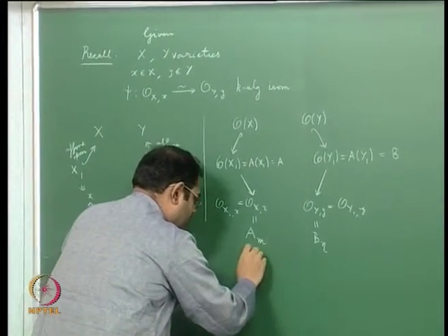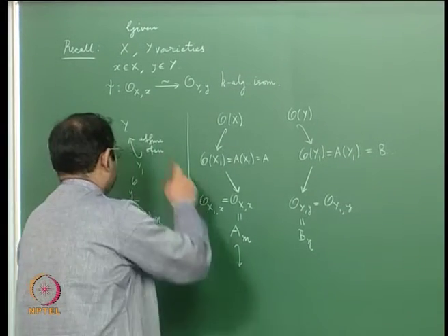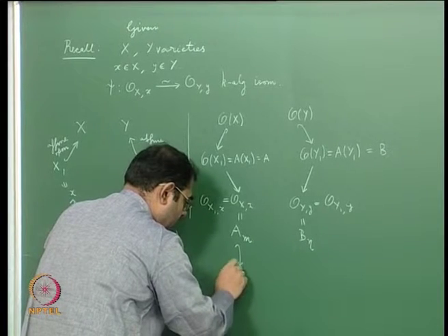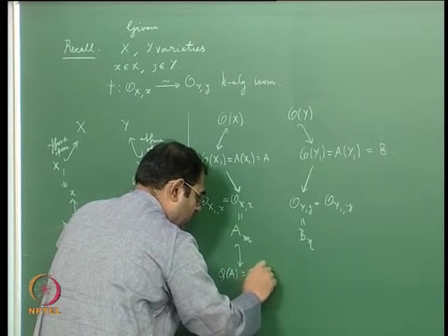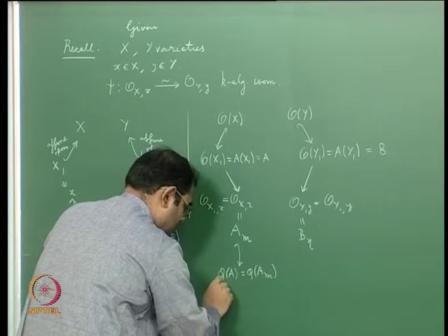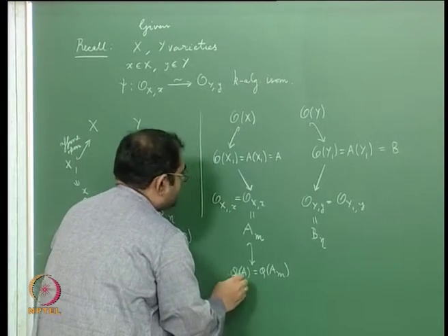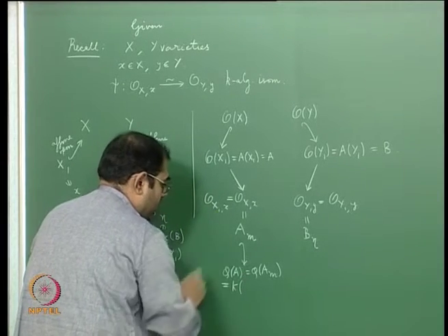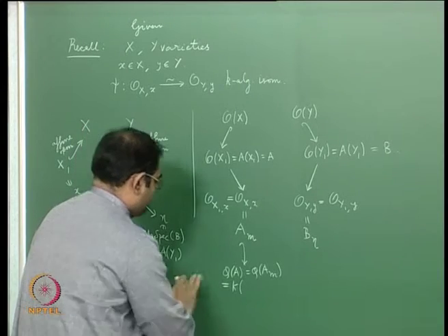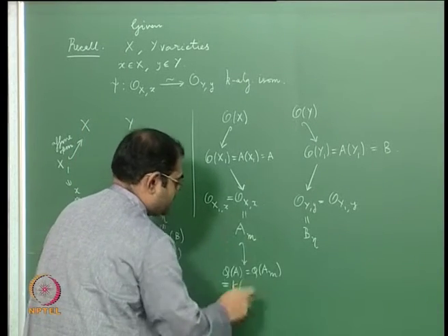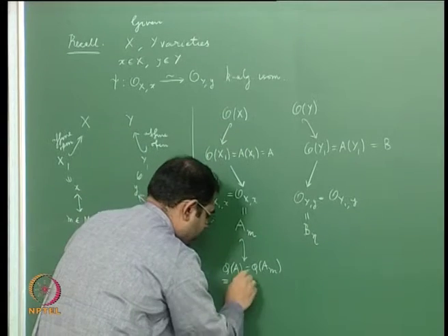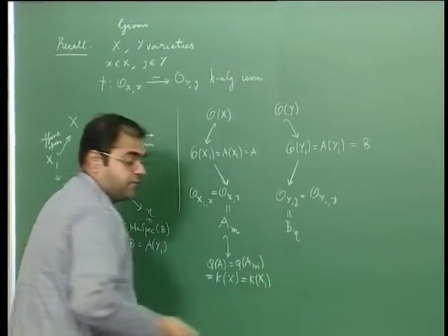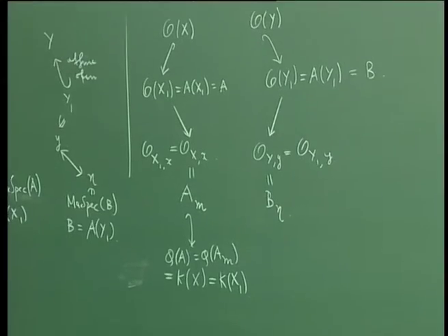So what you must understand is that this is happening inside the quotient field of A, which is the same as the quotient field of A sub M. This is also equal to the function field of x. The field of rational functions of x is also equal to the field of rational functions of x1. The field of rational functions does not change if you go to an open set, okay.